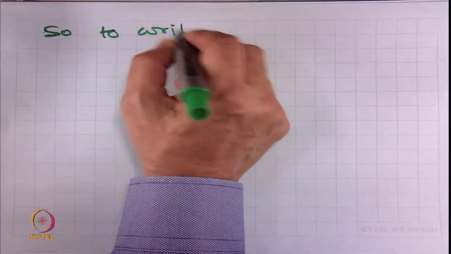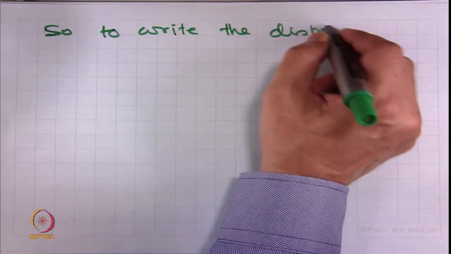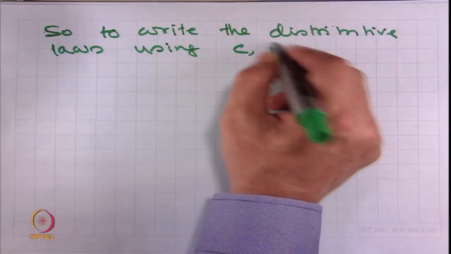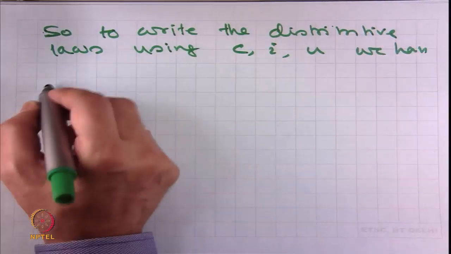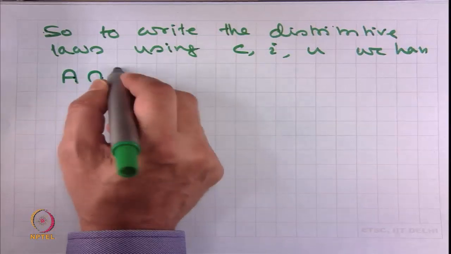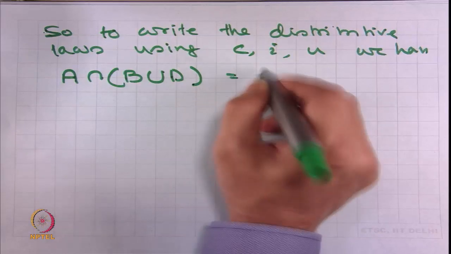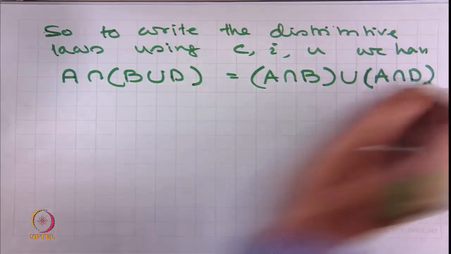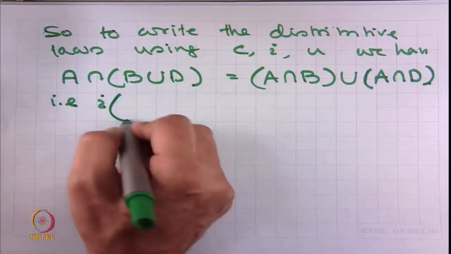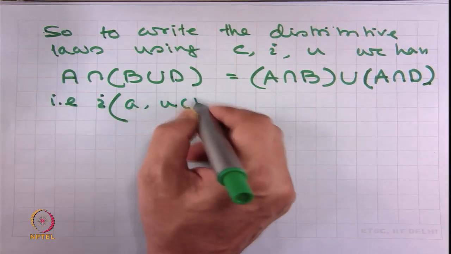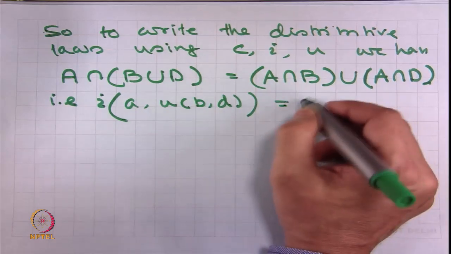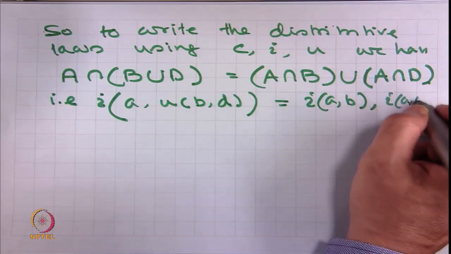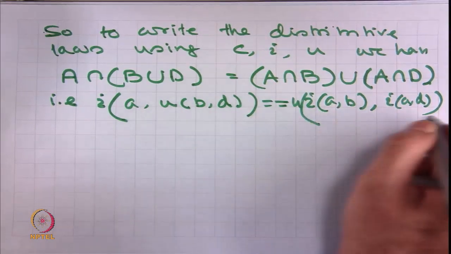So, to write the distributive laws using C, I and U, we have A intersection B union D is equal to A intersection B union A intersection D. That is, I of A comma union of B comma D is equal to I of A comma B, I of A comma D, and the union function is applied over them.